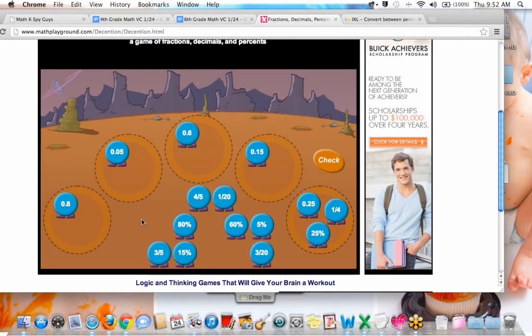Getting slightly harder, 15 hundredths. Yes, that is 15%. Good job, guys. Now, the challenge is, how do I write 15 hundredths as a simplest form fraction? So write down 15 hundredths and then reduce. Good job, TJ.